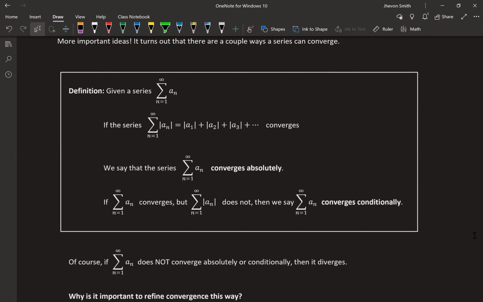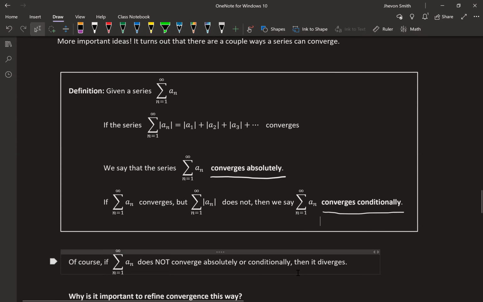If the series converges without the absolute values, but when you put absolute values, it does not converge, we say it converges conditionally. So there's a difference between converging absolutely. This means you converge even if you put absolute values around all the numbers, versus converging conditionally. And we're going to see examples of both types of series. There are series that converge in various types, right?